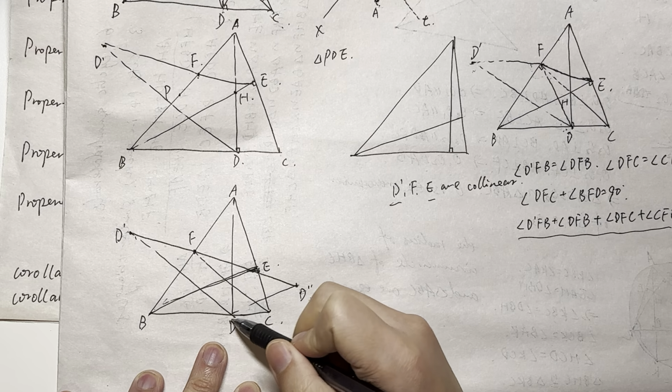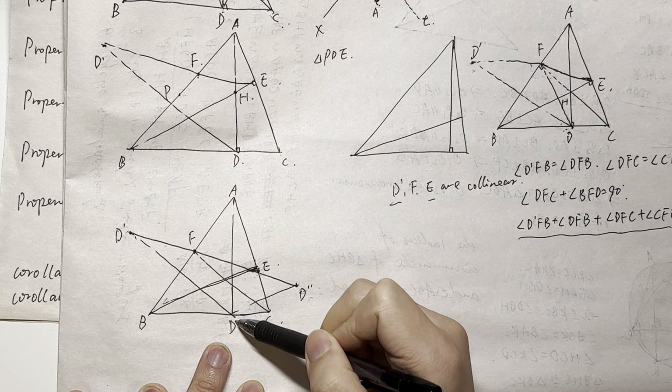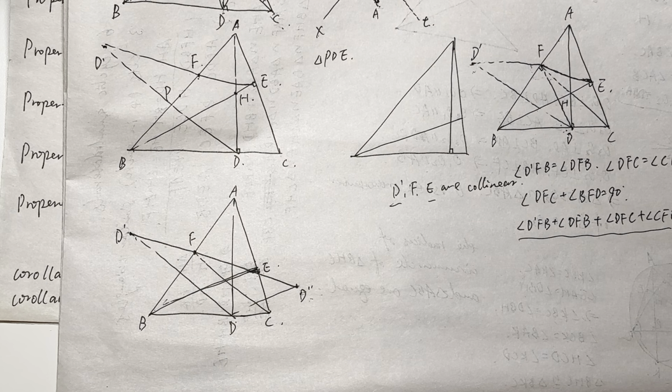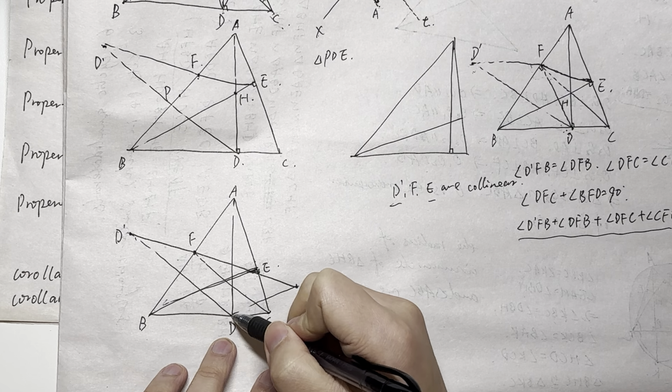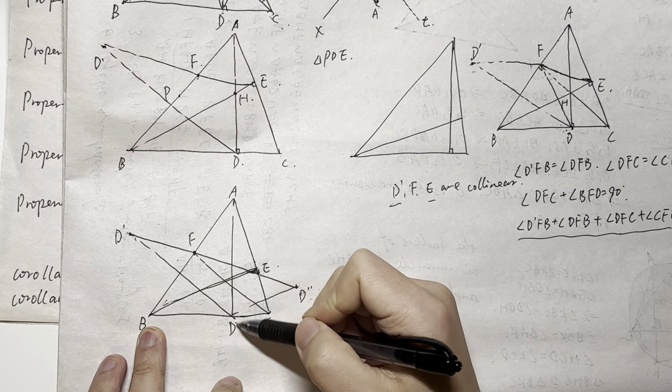And for the next case, we allow point F, point E, and point D to be moving around, so we can still fix a point D. It is not necessarily the altitude here, right?